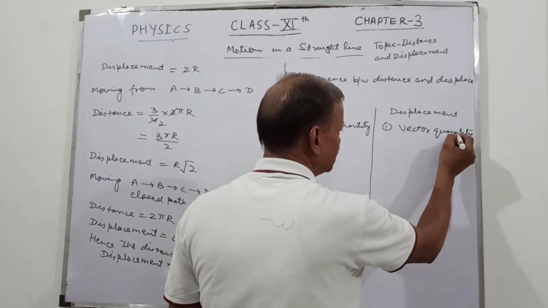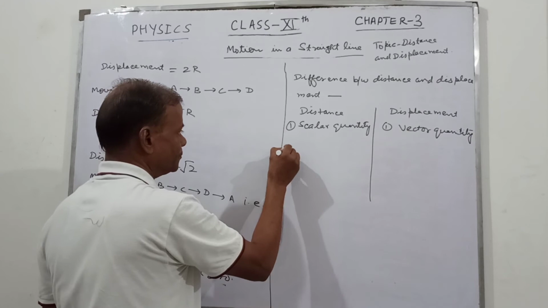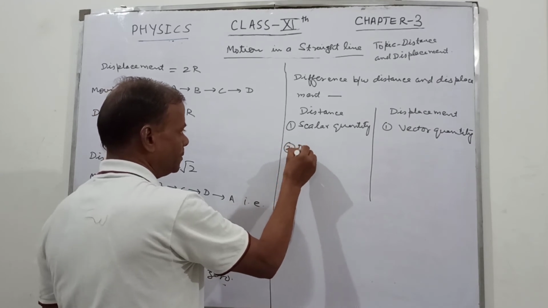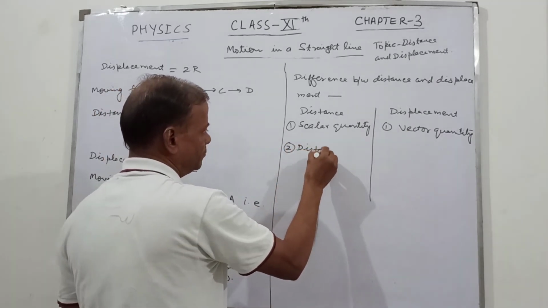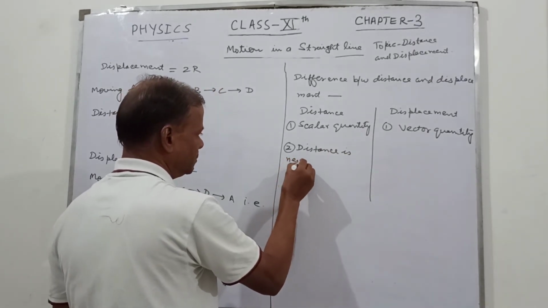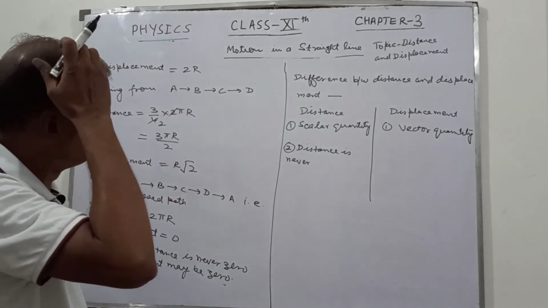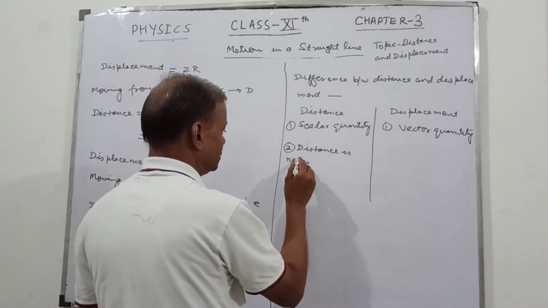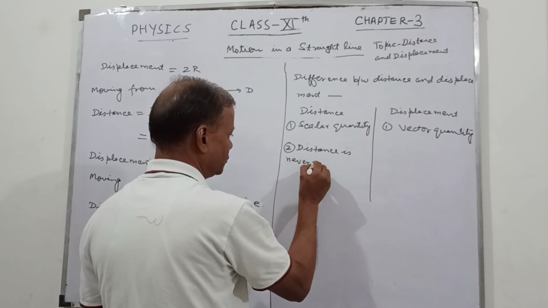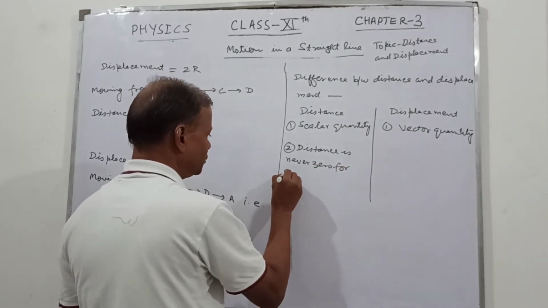Vector quantity. And second is distance is never 0 for a moving object.